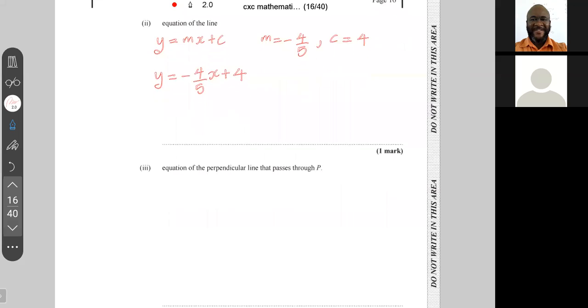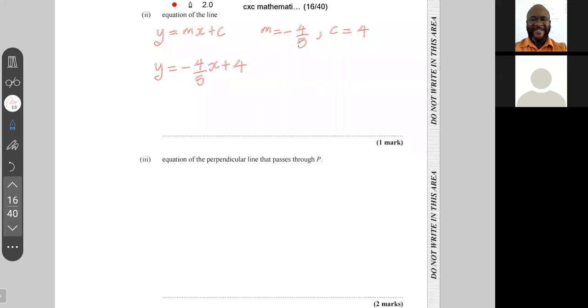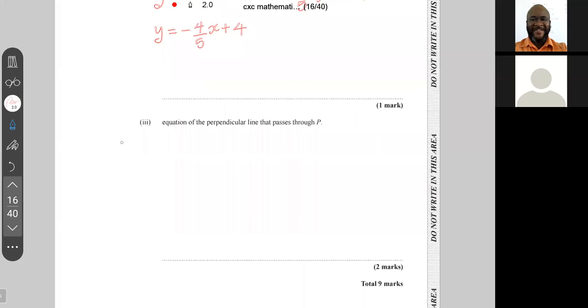Now, the formula for determining the equation of a line is y is equal to m into x minus x naught plus y naught. That's the formula. Now, the input for this formula are the gradient, m2. Now, the gradient of the first line is minus 4 over 5.